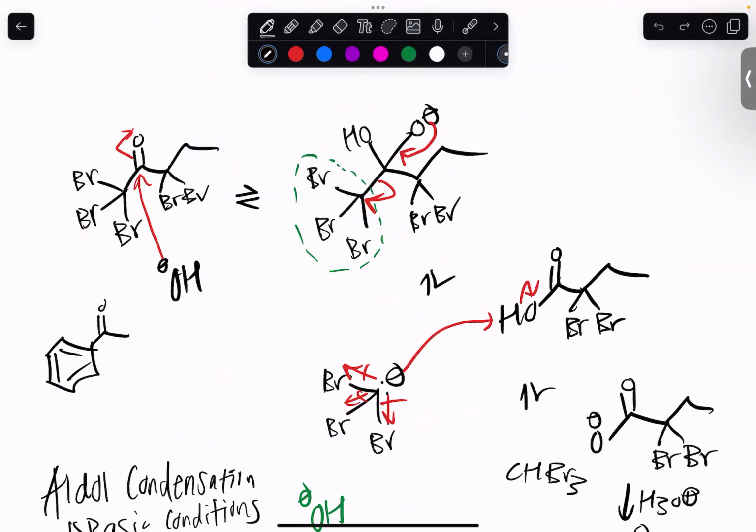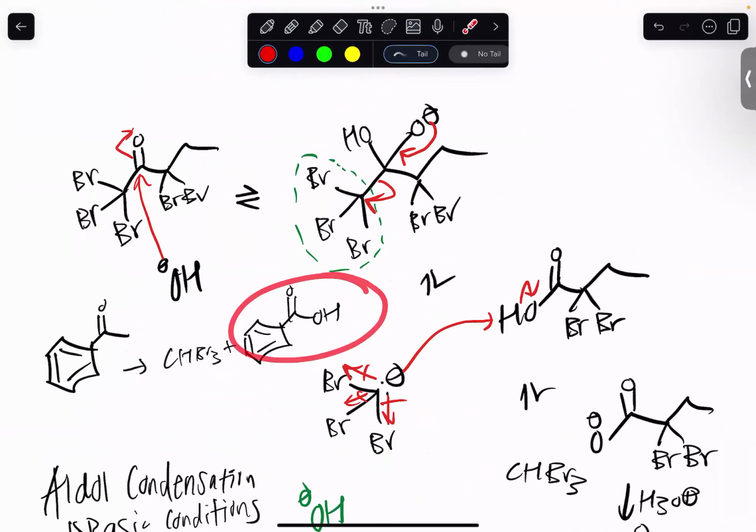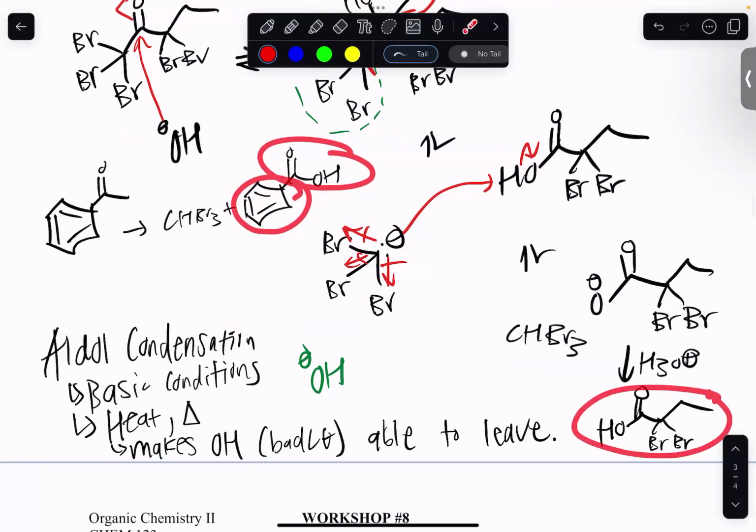After you do everything, you still get CHBr3, and you'll get the carboxylic acid next to the benzene ring after the acid workup. This one is not a benzoic acid, but it is a carboxylic acid.